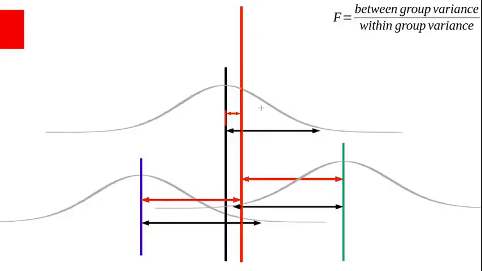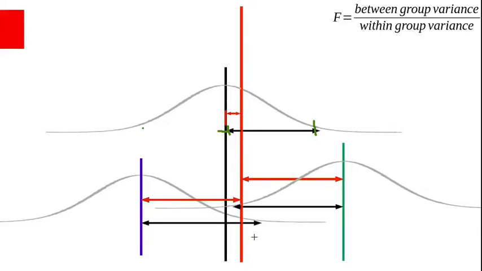In ANOVA problems, we will be using samples which come from a normal distribution. Suppose we have one sample like this here. Its mean is around here and within group variation is high here. Similarly, we have two other groups. To decide whether these three samples come from the same population or from different populations, we need to calculate the ratio of between group variance and within group variance.